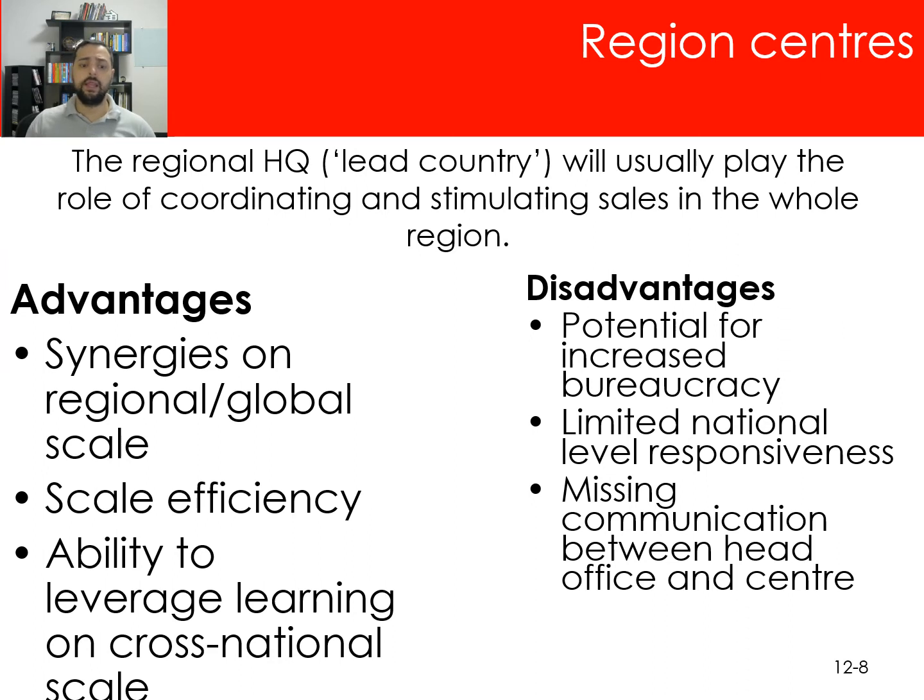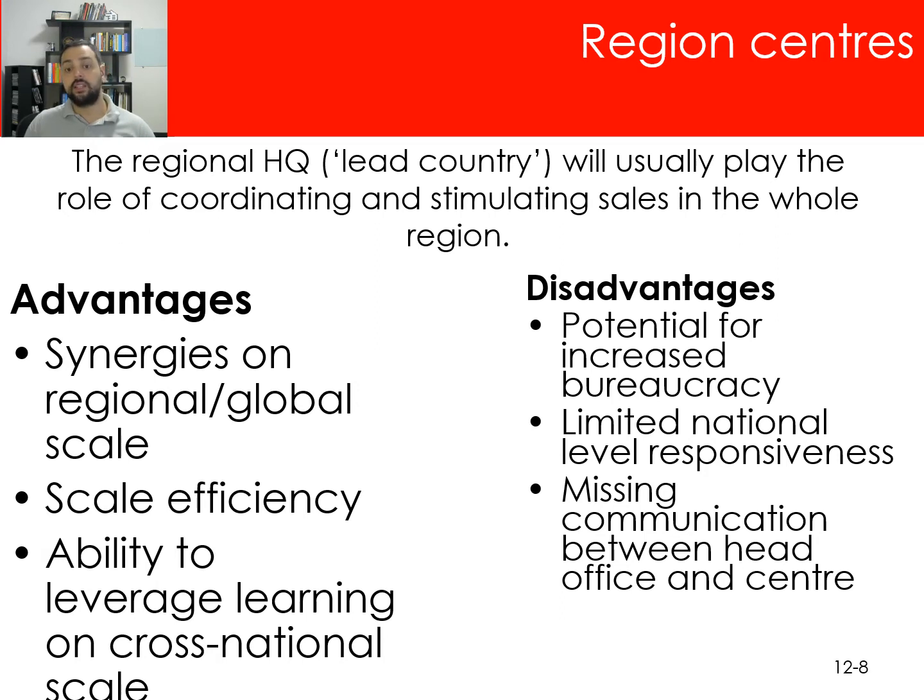Also, you can learn from cultural differences, from your experiences in different regions and countries in the world, and you can use that to leverage your knowledge on how to operate globally.